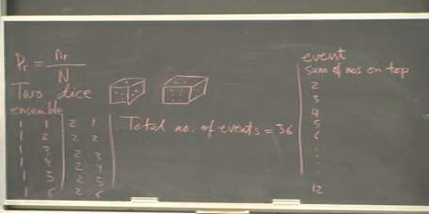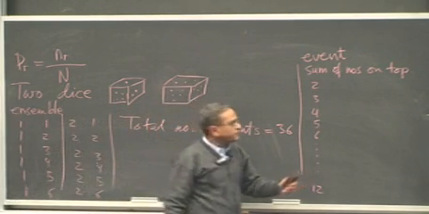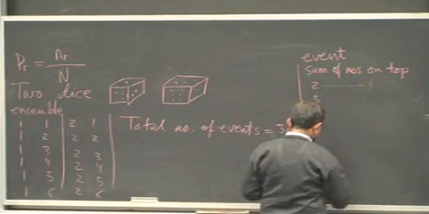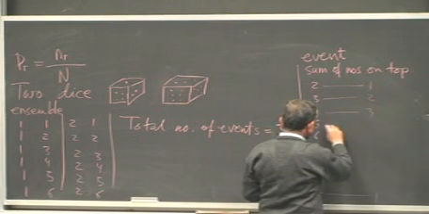That is it. There can't be anything less than 2, there can't be anything more than 12. And if you look at the number of times each one of them occurs, then 2 occurs only once, 12 occurs only once, 3 occurs twice, and this occurs thrice, and so on.